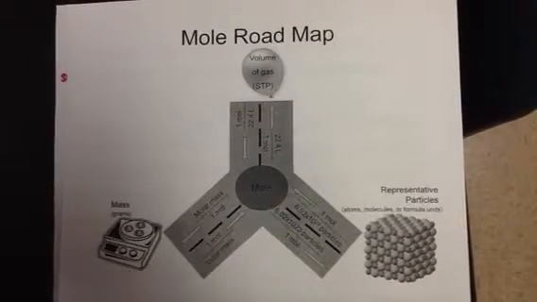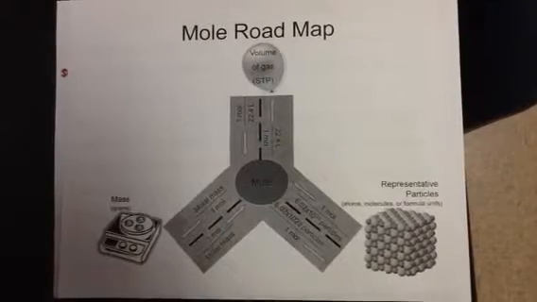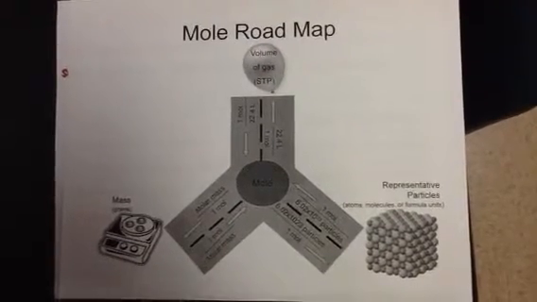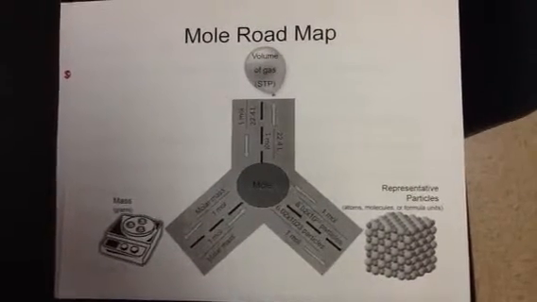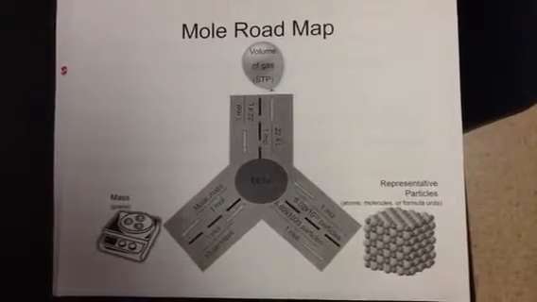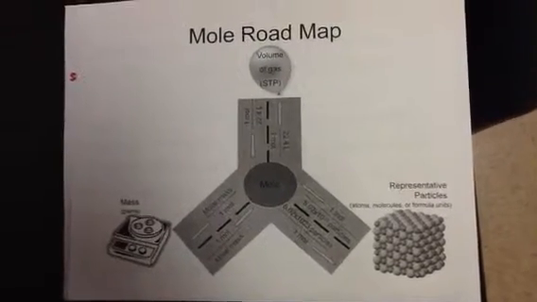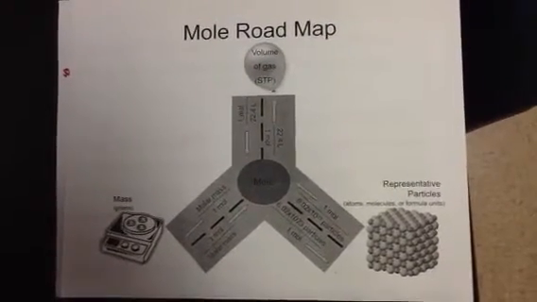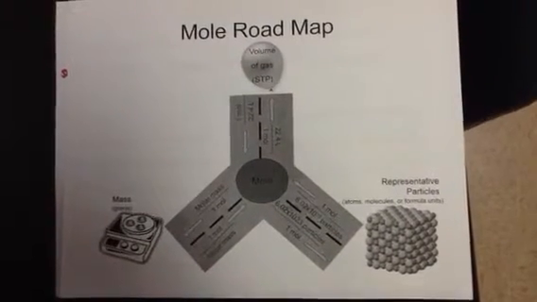If you look at the right corner, we have representative particles. In parentheses it says atoms, molecules, or formula units, because all apply. If you're going from representative particles to 1 mole, then 1 mole is going to be at the top, and 6.02 times 10 to the 23rd particles at the bottom. On your roadmap it'll say 6.02 times 10 to the 23rd particles divided by 1 mole.